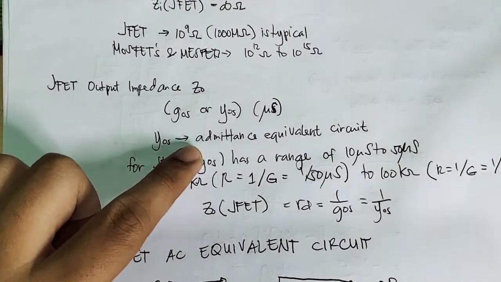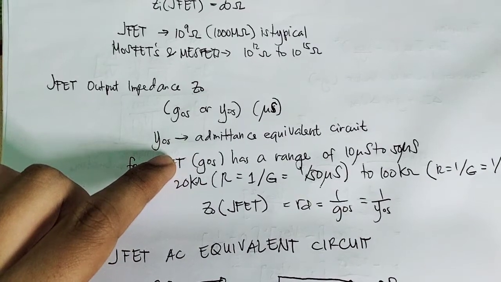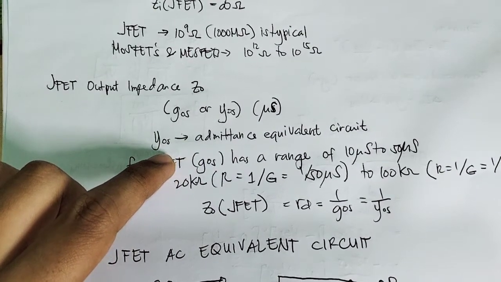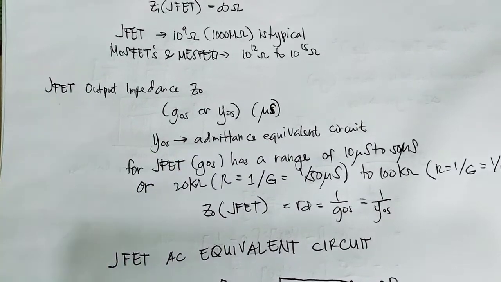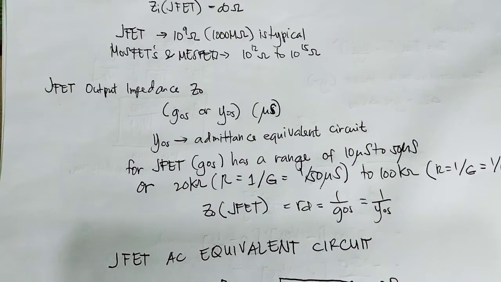So y sub os is an admittance equivalent circuit where the o signifies an output network and the s is the terminal or the source to which it is attached in the model.